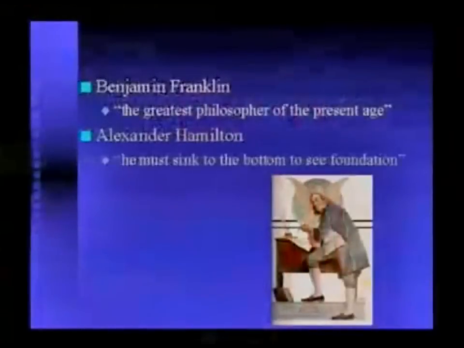What kind of an impression do you get from Hamilton by reading that? He is very thorough. Who wrote most of the 85 Federalist Papers? Do you know this? Alexander Hamilton. As you read the Federalist Papers, his logic, his reasoning goes right down to the bottom. Very detailed. That's Alexander Hamilton. Okay? He must sink to the bottom to see the foundation.